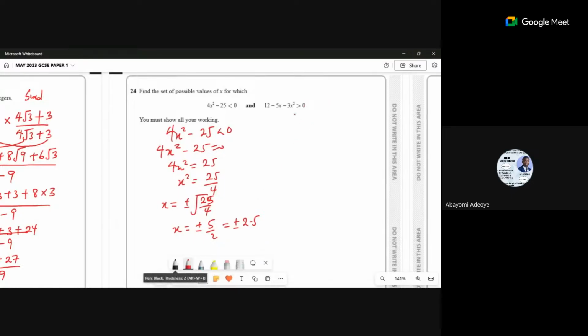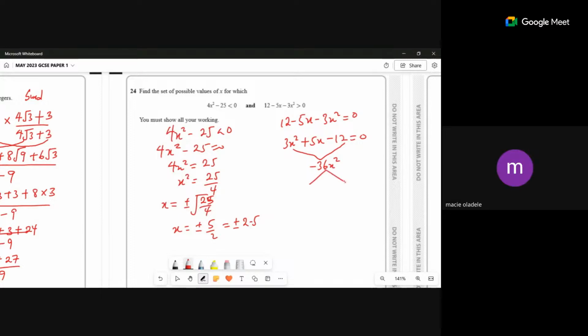So for the other one, we have 12 minus 5x minus 3x squared, which is 0. So you have 3x squared plus 5x minus 12 equals 0. So let's factorize this. That's 36x squared. So what are the factors? That is plus 9x and minus 4x.